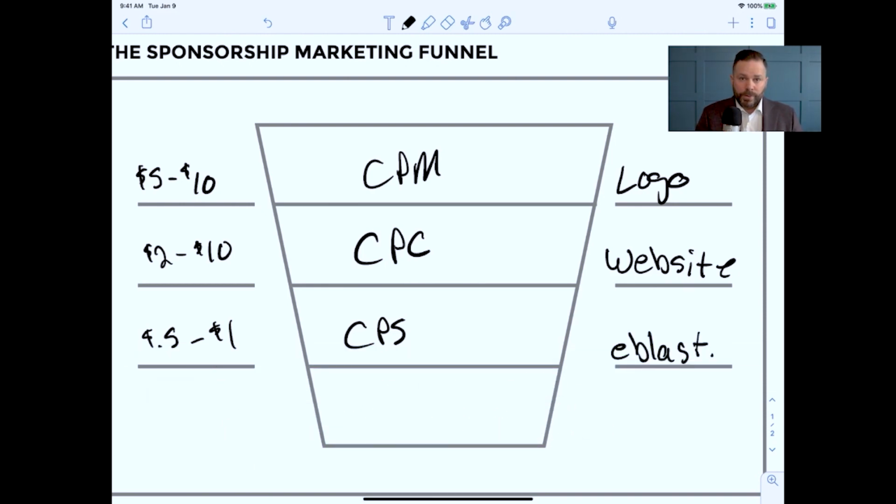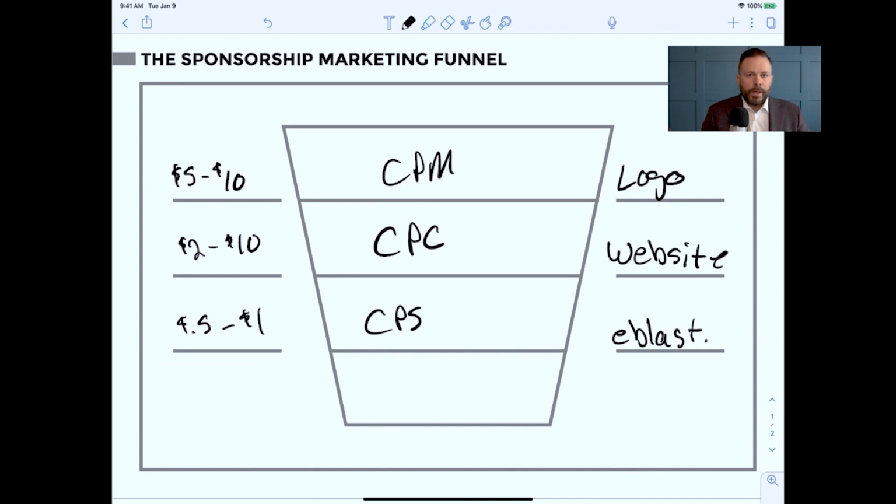The cost per send is based on a brand writing an email directly to their target market. So if all you're doing is putting a logo at the bottom of an email, then you really can only charge fractions of this.